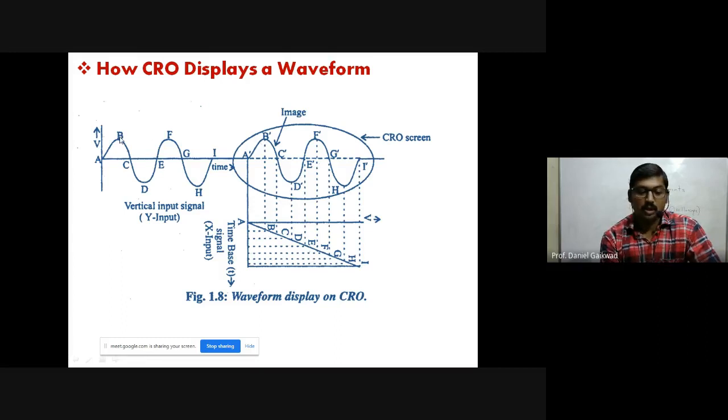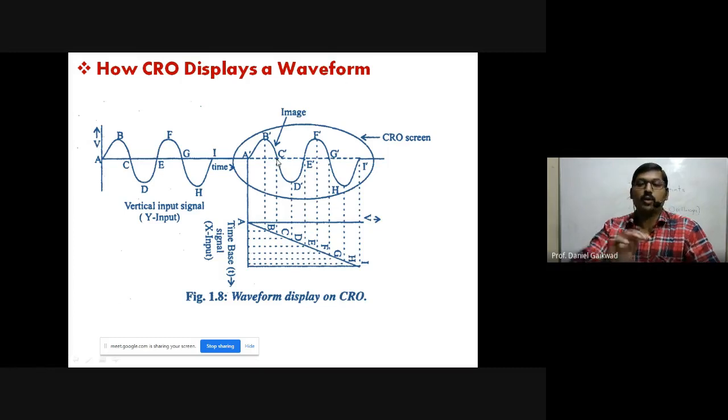Now check carefully. From B to C the voltage goes on decreasing, and that decreasing voltage given to the vertical plates brings the beam back toward normal. B dash to C dash means it is at the mean position, C dash.